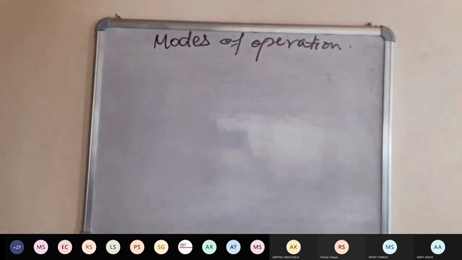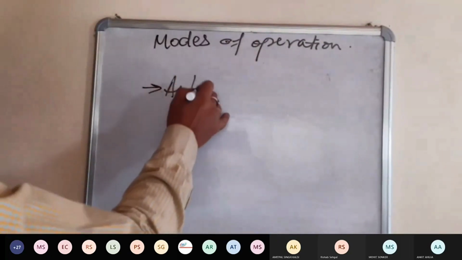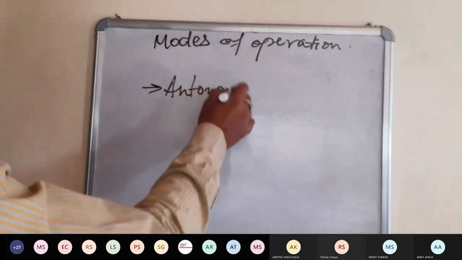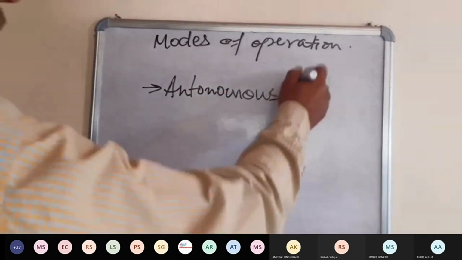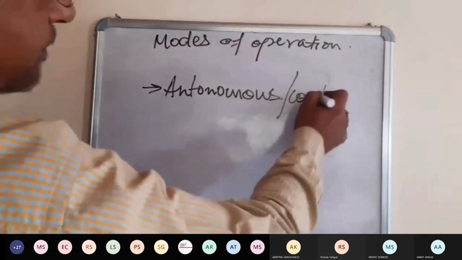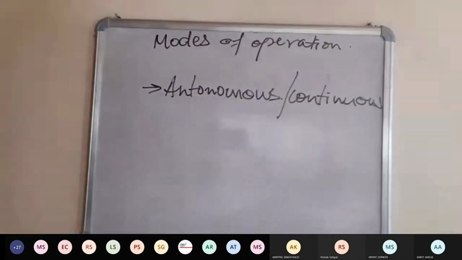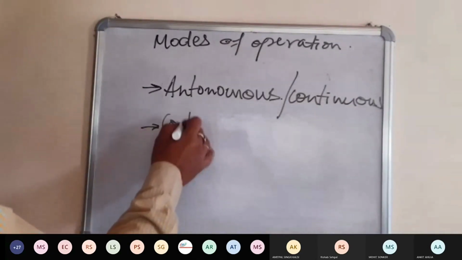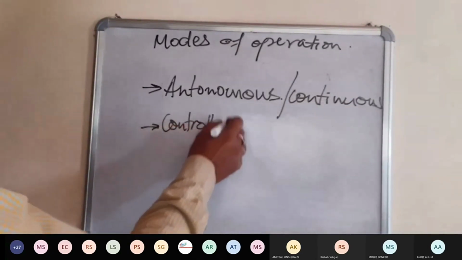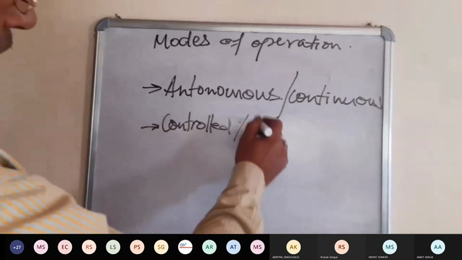Modes of operation. The AIS works in 3 modes. Autonomous mode, or also called continuous mode. The second mode is called controlled mode, or assigned mode.